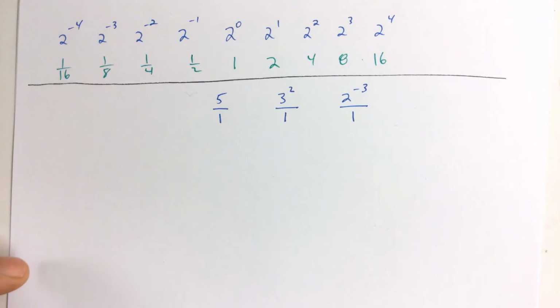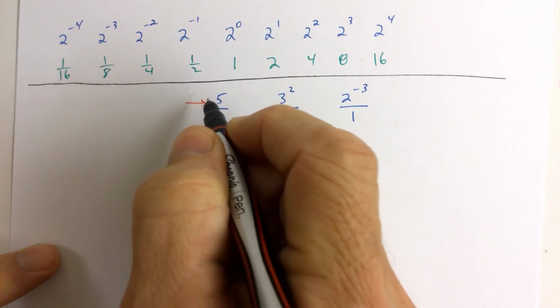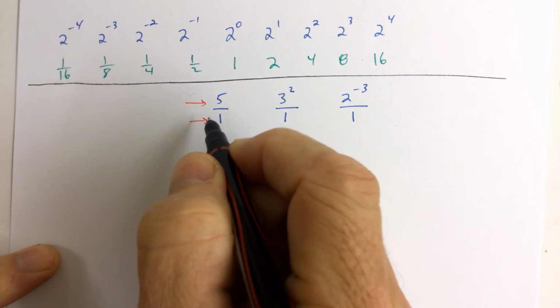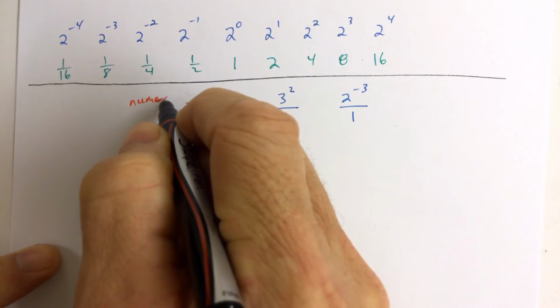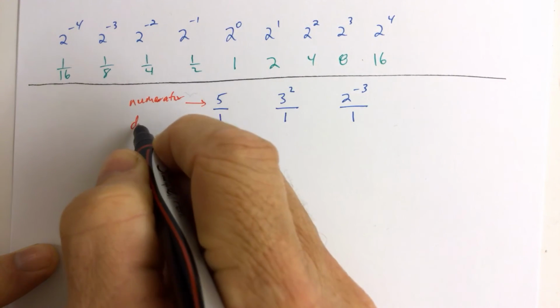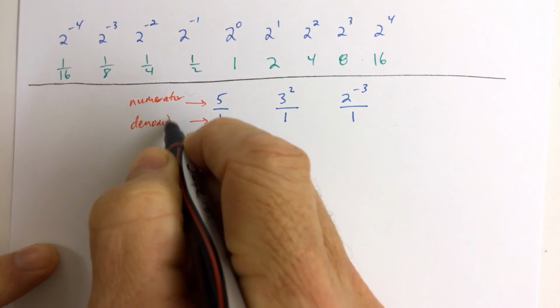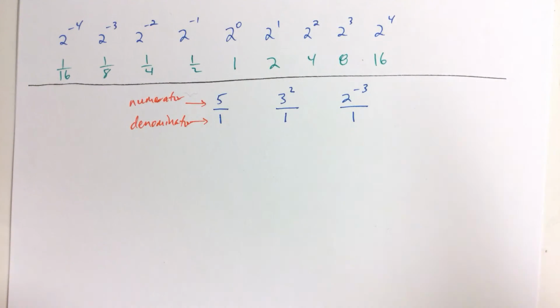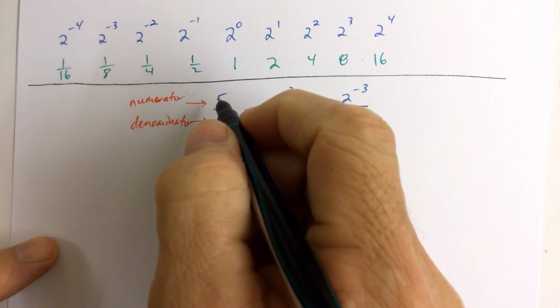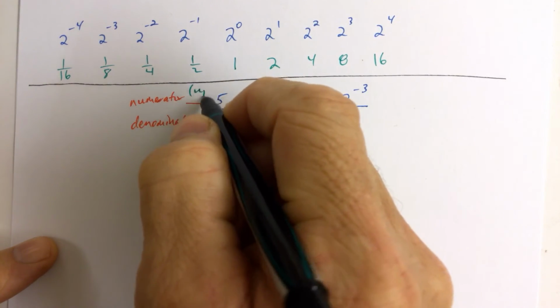So what I want you to think about is that you've got two numbers. You've got a numerator and you've got a denominator. Now I know you already know this. I get that. But when you look at the numerator, I want you to think of the numerator as upstairs.